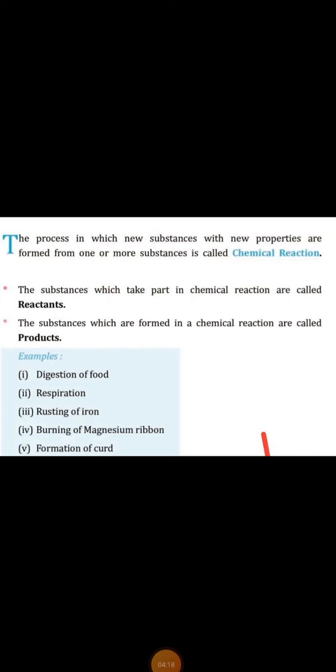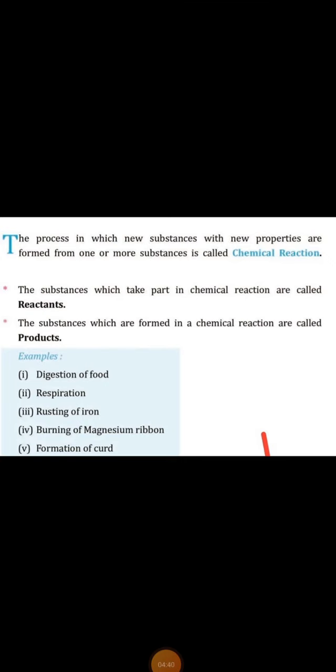They can't be reversed. We can't get back to the previous substance. So in these examples, as you can see, there is always a formation of some new substances. So these are all chemical reactions, and here you can see the chemical changes.